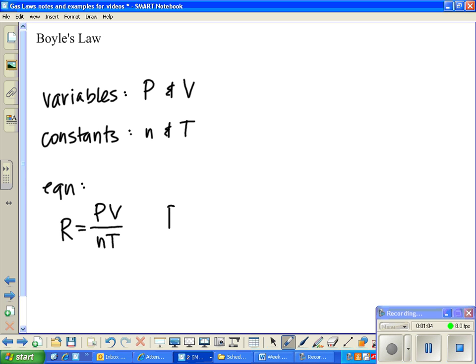So essentially we're looking at the pressure initially and the volume initially, we'll label them with ones, divided by the moles initially and the temperature initially, will equal the same constant. So we could say a new pressure, a new volume, a new moles, and a new temperature. If moles and temperature are constant, though, we can ignore them in our equation.